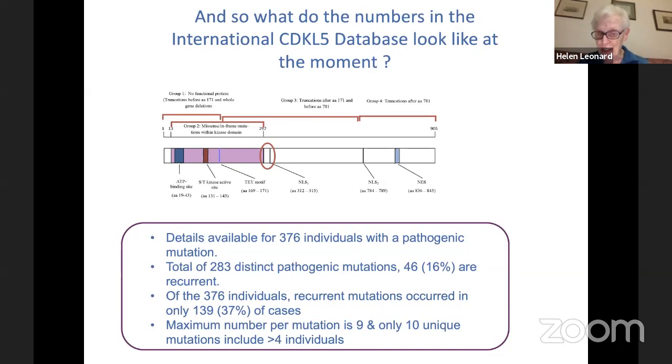So of the 376, recurrent mutations are occurring in only 139 cases, that is, 139 who share the same mutation as someone else. The maximum number per mutation is 9, and we only have 10 unique mutations which include more than 4 individuals. So you can see the challenge.